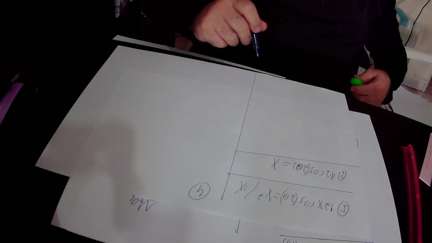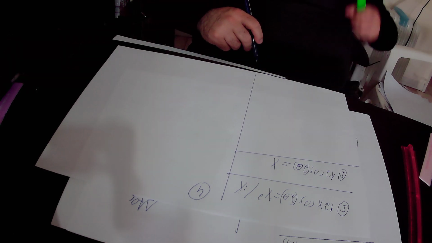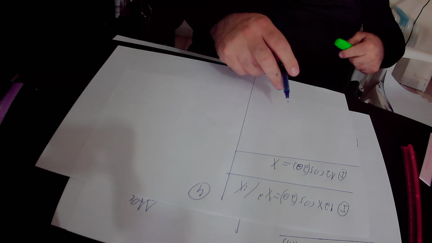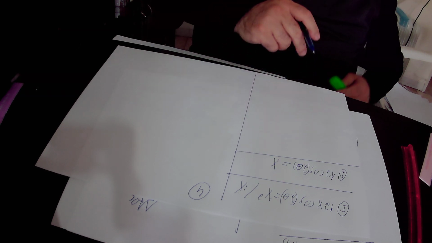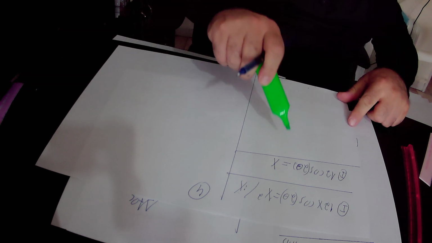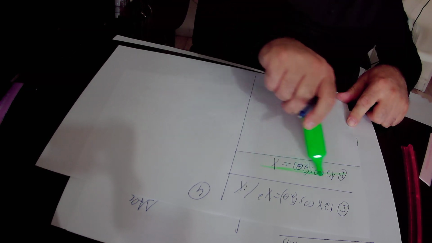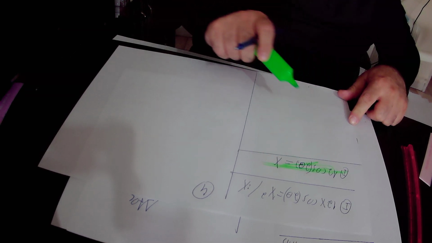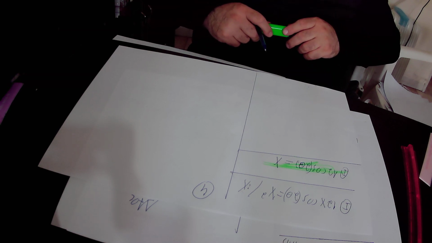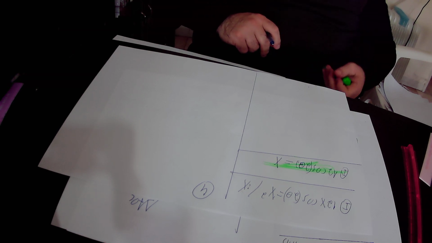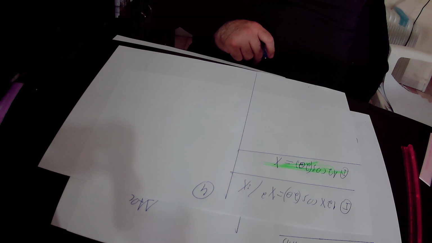Actually, the only thing that is left to do in order to find out the value of x, the line segment that we are looking for, is to find out the value of cosine 2 theta. Okay? Actually, we have a trigonometric identity for cosine 2 theta.